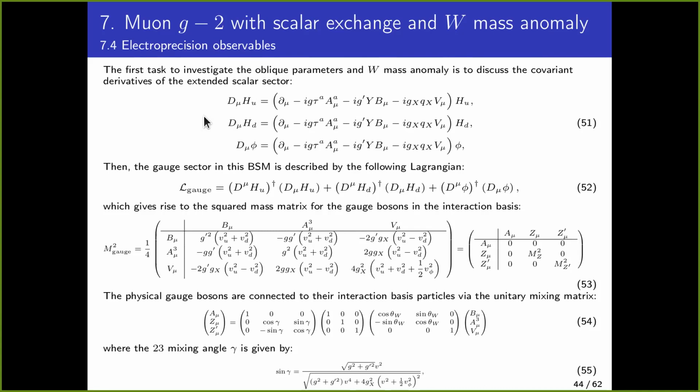So the first task is to write down the covariant derivative of each Higgs scalar. As you can see here, you can put in some suitable quantum numbers from our model, and then the gauge Lagrangian takes this form, and from this gauge Lagrangian we can derive the gauge boson mass matrix, and from this one you can find the gauge boson mass conditions from these three terms. So in that way we can define the gauge terms.